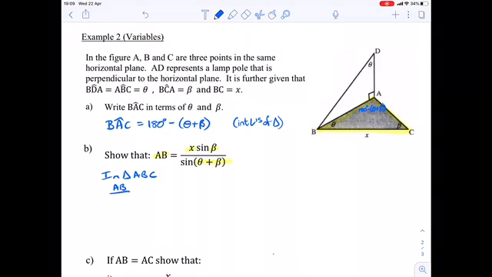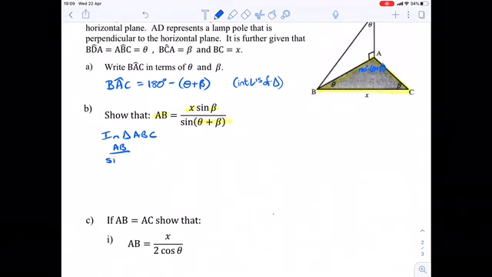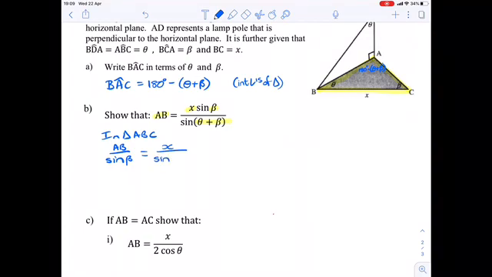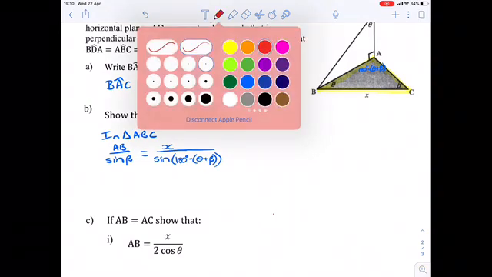So I'm going to go AB over sine of the angle opposite, which is beta, is equal to x, because we need to use the x, over sine of the angle opposite, which is 180 degrees minus theta plus beta. Okay, we're going to multiply by sine beta because they've asked us to work out AB, so we have to get AB on its own. But we also look at what we're trying to prove. We don't want the 180 degrees there.